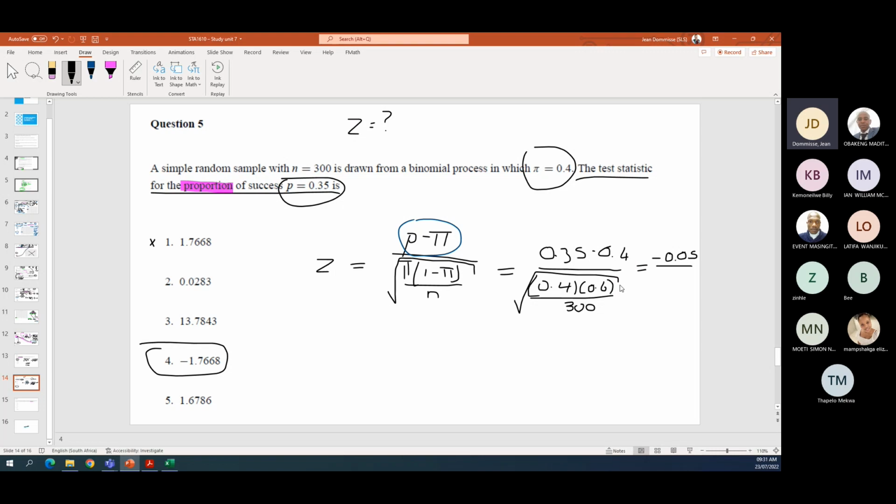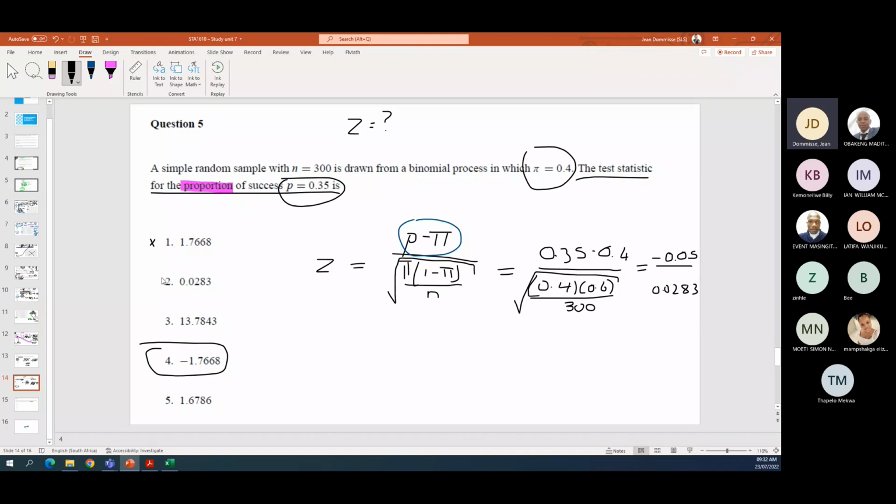So 0.4 times 0.6 divided by 300, and then the square root of that gives us 0.0283.